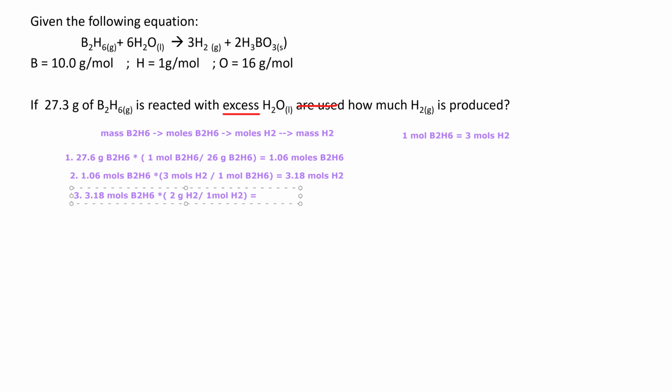And this will tell us the amount of product in grams that we'll produce. 6.36 grams. And again, this is referred to as the theoretical yield. So if we were to do this reaction perfectly, this is the maximum amount of hydrogen gas we could produce.